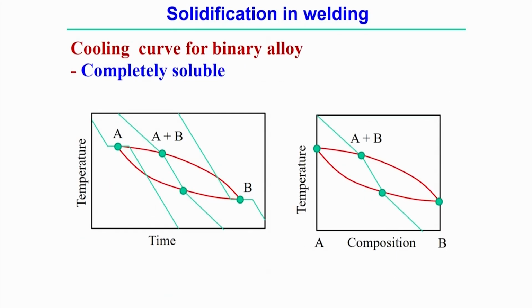Now, more intuitively, let us look into the cooling curve of a binary alloy. We assume it is a binary alloy in which the two components are completely soluble in each other.